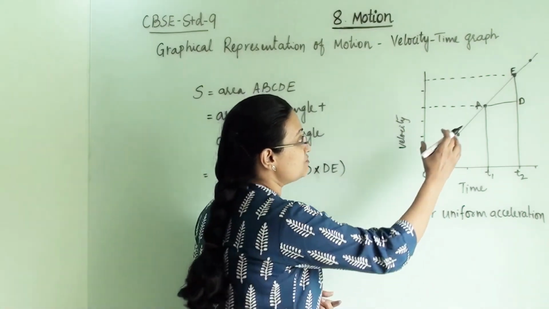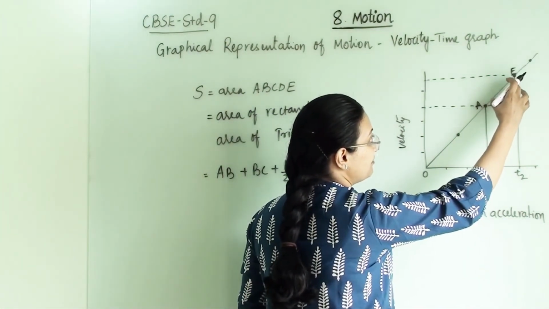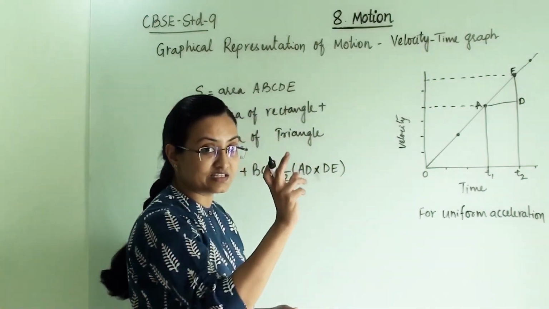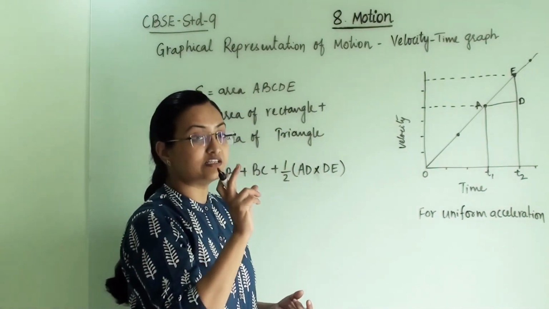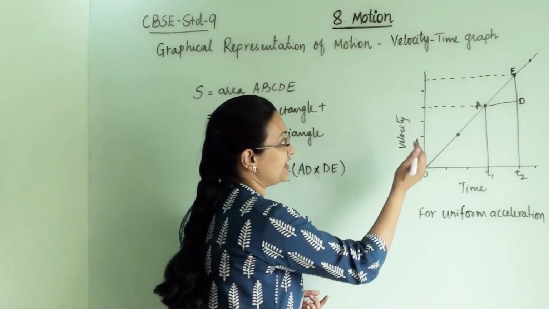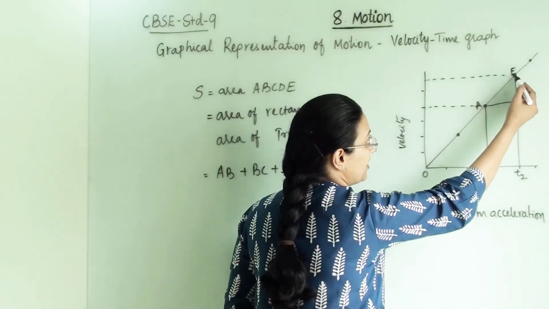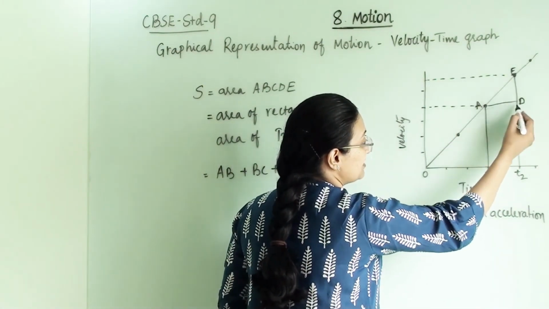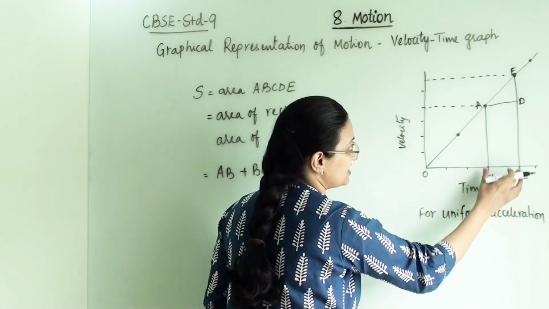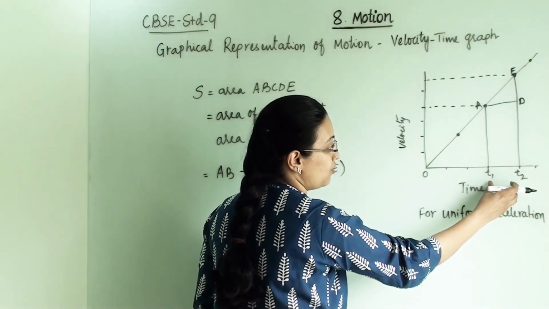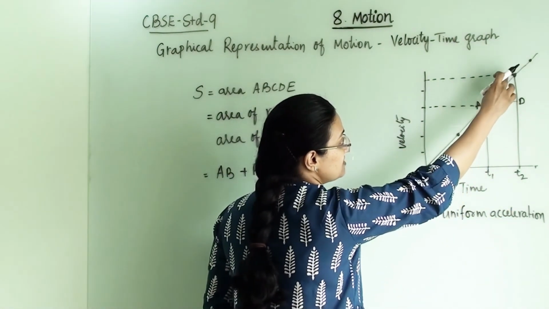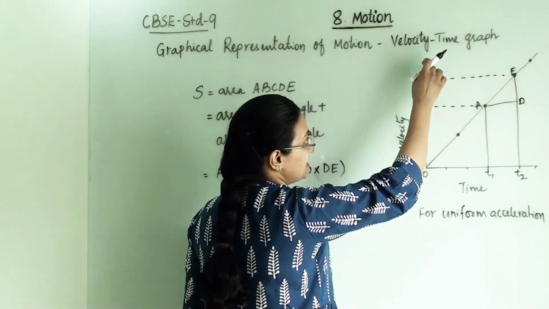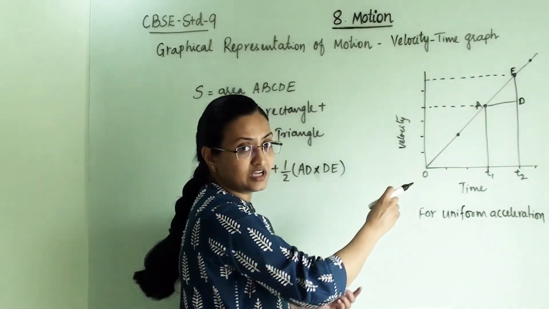Now for this interval of the travel we want to find out how much distance it has covered. So we have taken here point A to point E. So let us make a triangle here. These lines we have extended on the timeline, and these two points we have extended on the velocity axis.